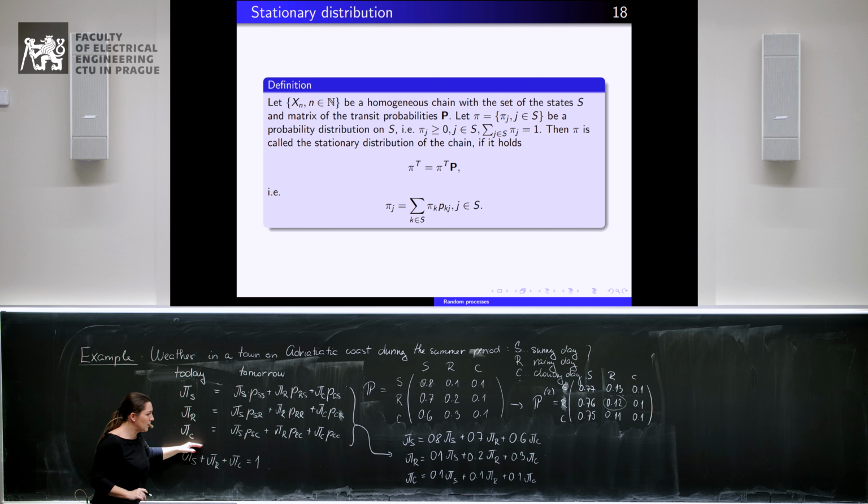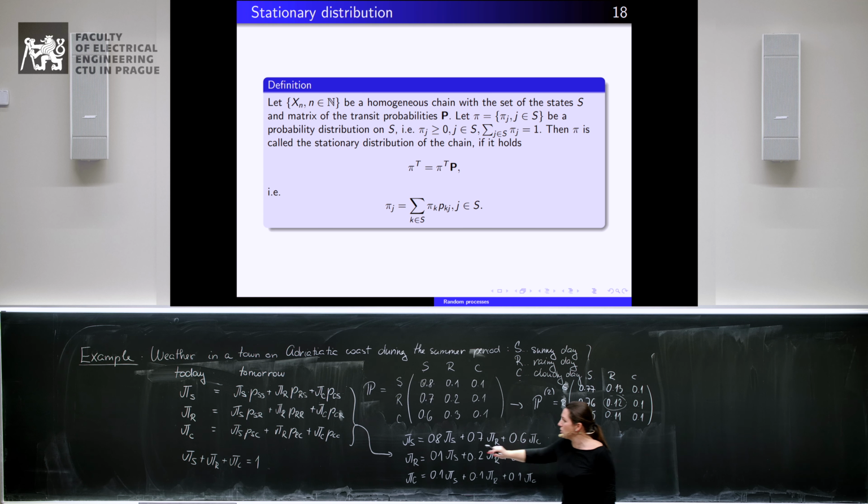And that's the last equation which we need. So now we can consider only 2 of these equations, and we will solve the system of these 2 equations plus the last equation which I added.